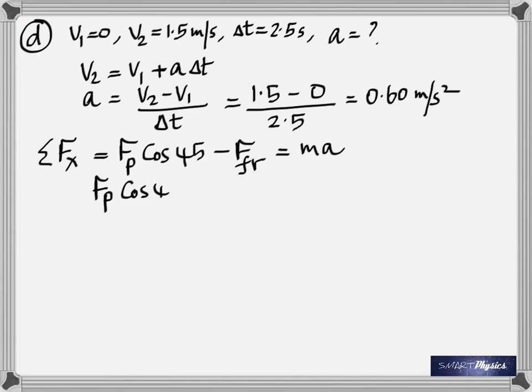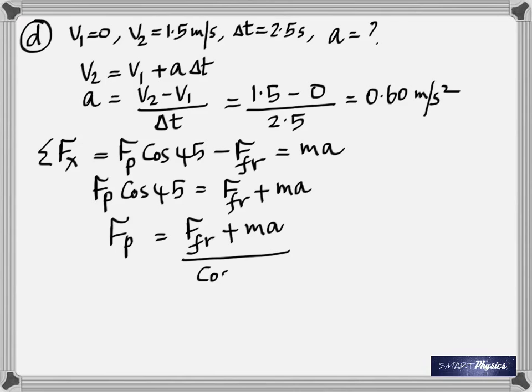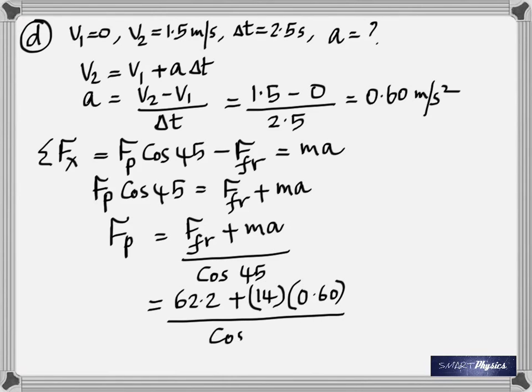Let me finish. We're looking for the force that he must apply. In fact, on the whiteboard, I did that same thing, didn't I? On the left-hand side, you can see that. So we already know the friction is 62.2, 14 times 0.6 divided by cos of 45. And now you see he has to apply 99.9 newtons.